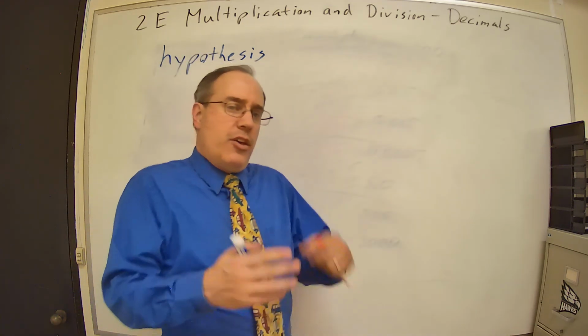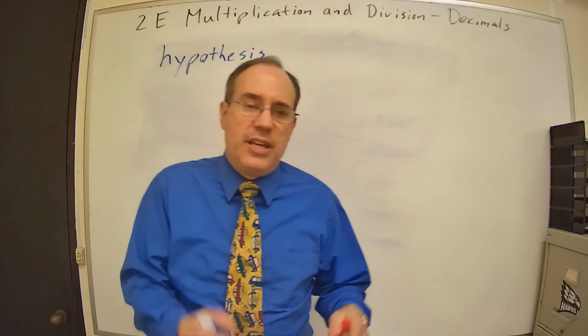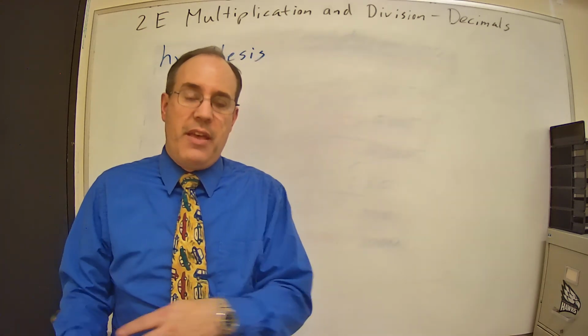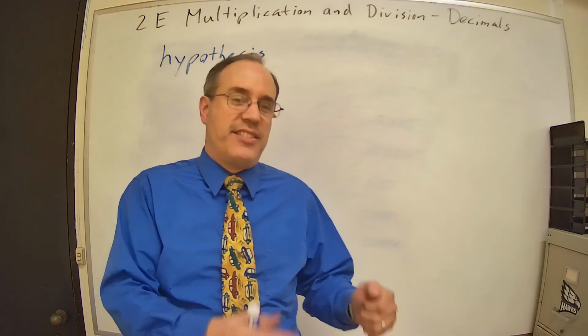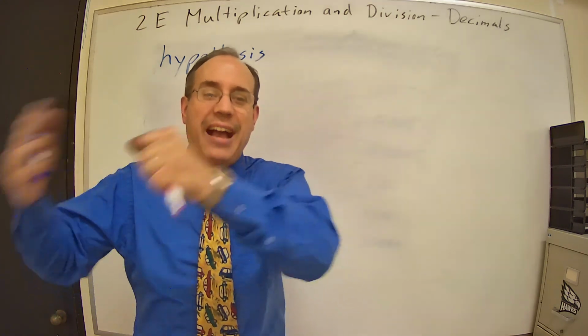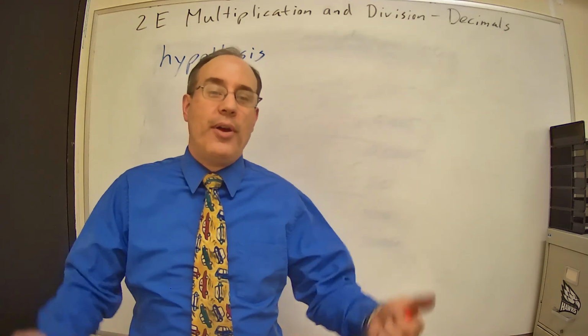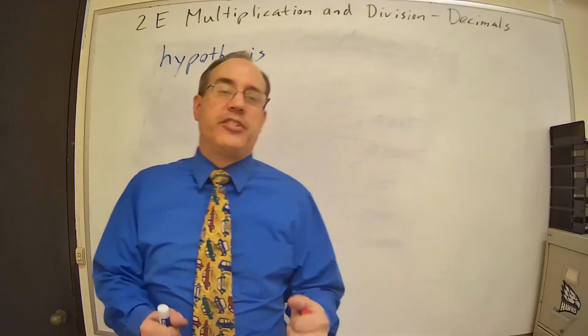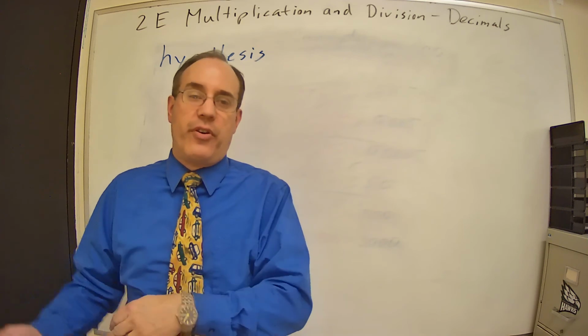Meaning, you look at something and you see, hey, it tends to act in this way. And so you hypothesize that this is what it does, that it does act in that way, and it will always act in that way. So that's a hypothesis where you're making an educated guess based on what you've observed.